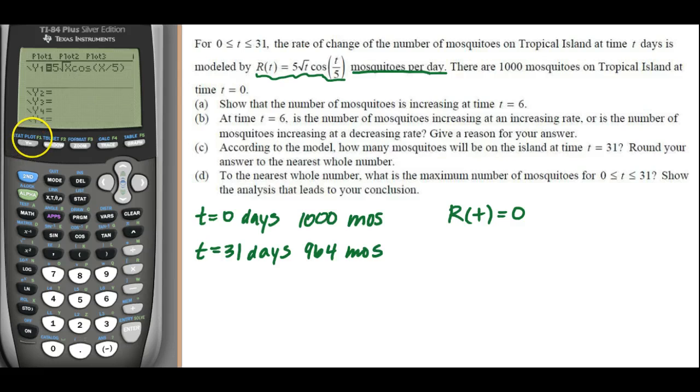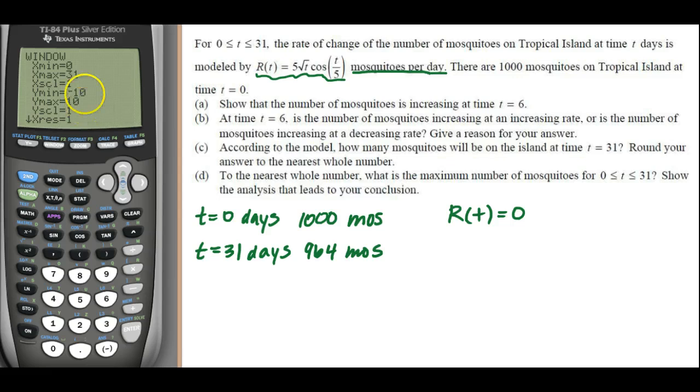And we already have it stored, so here's our y1. And before we graph it though, I'm going to go ahead and modify the window. So x min, x in this case represented our t. And we only care about what's going on for t between 0 and 31. So our x min will change to 0, and our x max will change to 31.